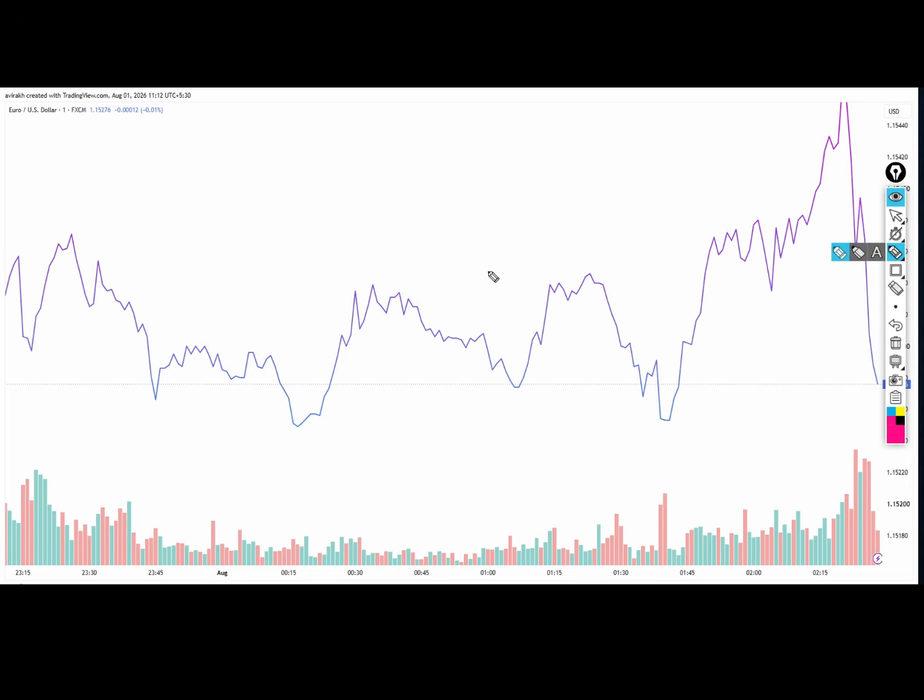This gives us a quick overview of whether the price is moving up or down or sideways. For example, if today's closing price is higher than yesterday's closing price, the line moves upward.